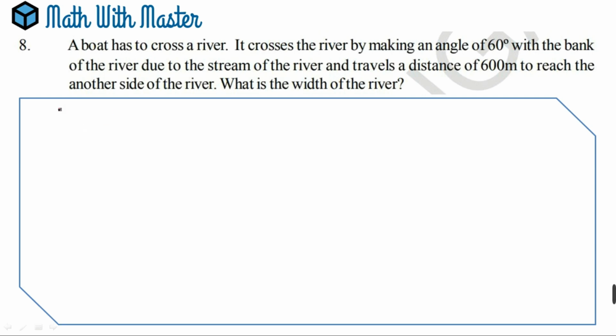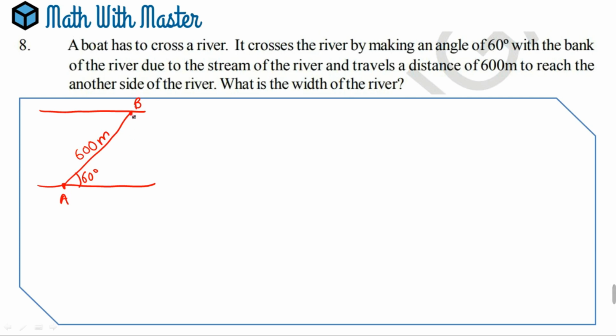So first we will take the two banks of the river and we will take point A where boat is there, and due to stream it travelled up to point B with 60 degrees and by stream this has travelled 600 meters.